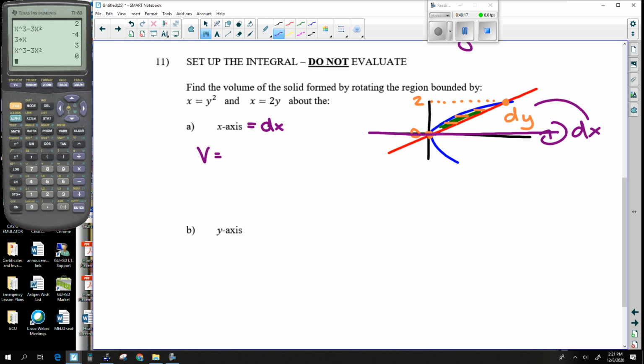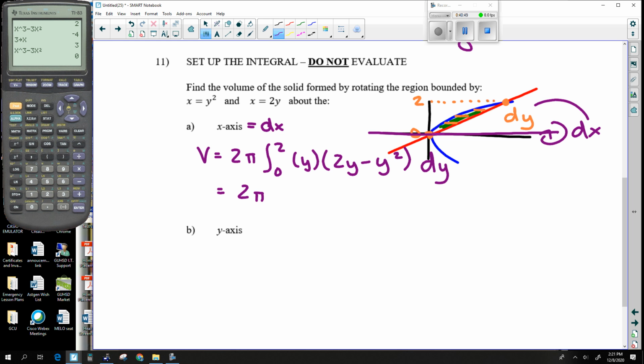So my volume is going to be equal to 2 pi integral from 0 to 2 of y, and this is the big, which is the line, so this is 2y minus the parabola y squared. This is the right minus the left. So again, you have to think of it like the area. This thing is representative of an area, so it's the right minus the left.